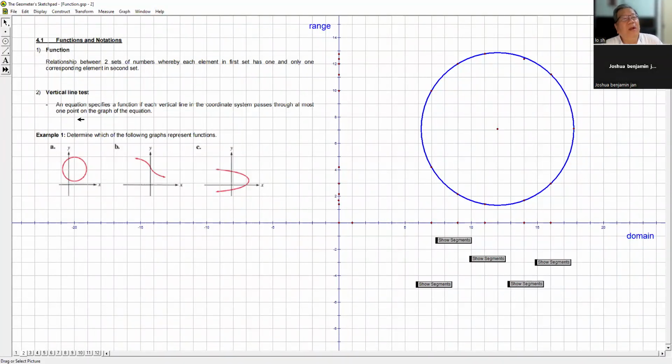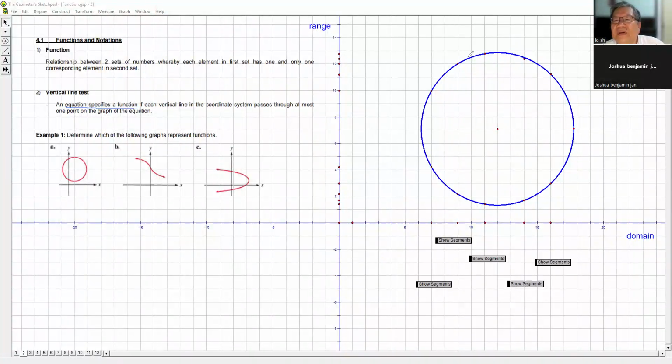Okay, now what they are saying is that this function probably can be represented by an equation. Let me underline this. Equation specifies a function.